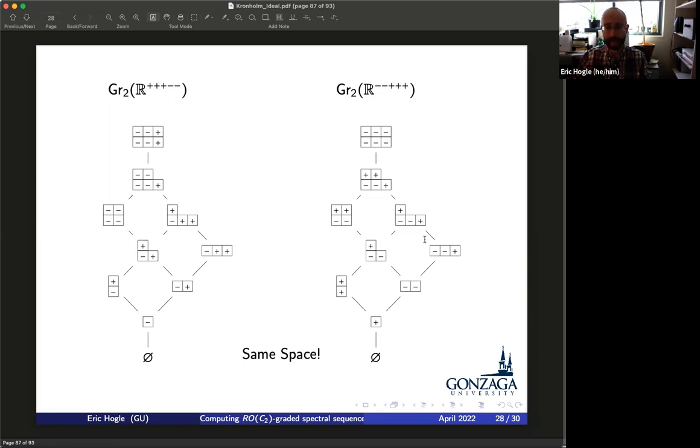But if I want to take, so this is using the Schubert cell construction, where you can break up families of spaces into ranks of matrices. So let me just look at one of these.